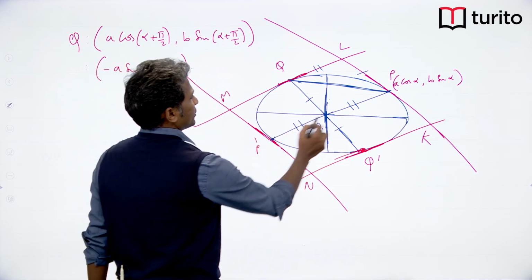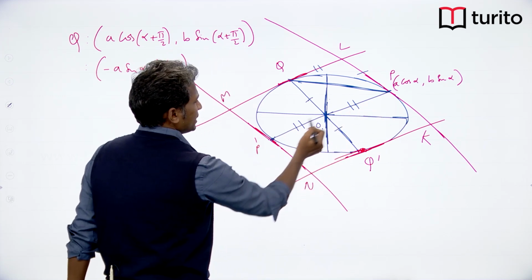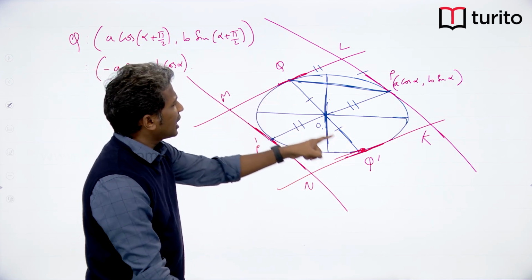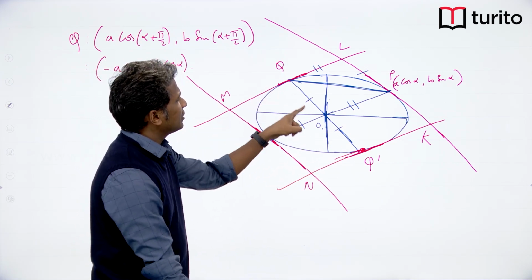Here, if you observe, this PP' line is passing through the origin and QQ' is bisected exactly at the origin.